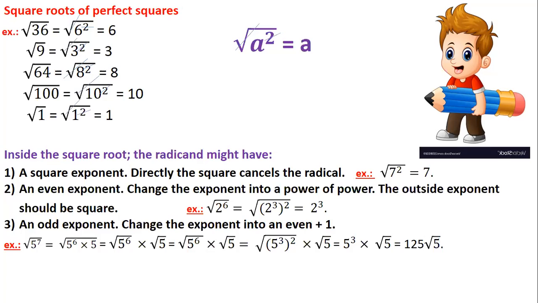So 5 to the power 6 times 5. Here we can split the radical, so radical 5 to the power 6 times radical 5 is equal to radical 5 to the power 6. We write it 5 cubed, all of it squared. The square cancels the radical, so we get 5 cubed times radical 5, which is 125 radical 5.